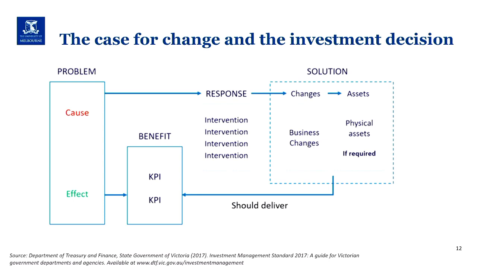So it's either just the way you are going to change the way things are done, or if you need to build new assets, so if you need more infrastructure or new systems or new equipment to develop that solution.